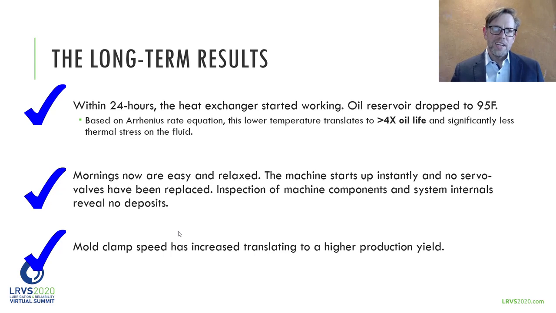The other thing they're grateful for is that their mornings are a little more chill. It's easier to get the machine up and running, there are no sticking valves, and everything starts up as expected and on time. They've also noticed the mold clamp speed has increased, and ultimately this will translate to a higher production yield as well.